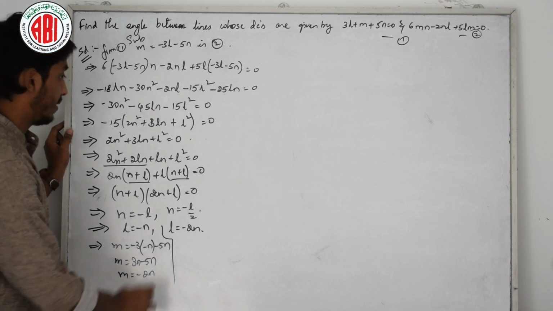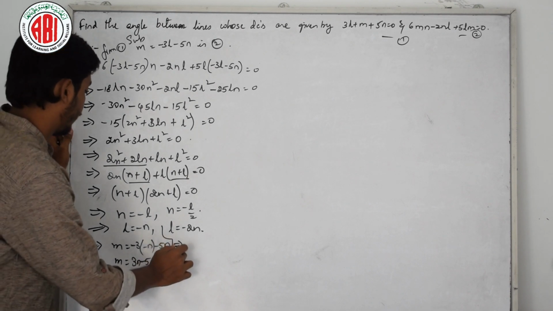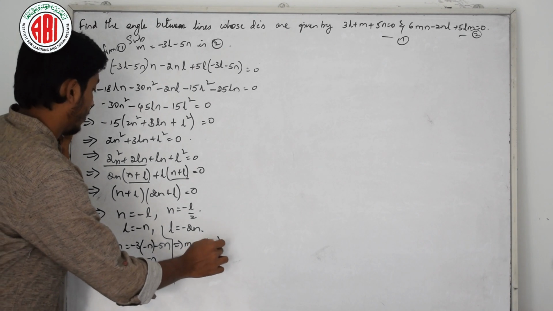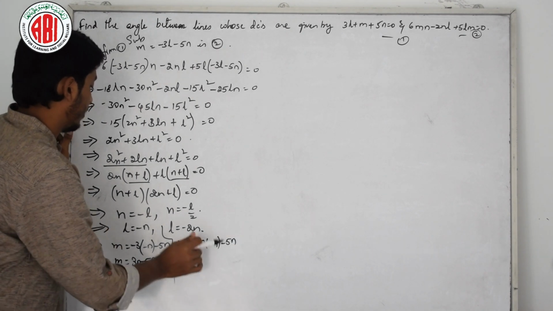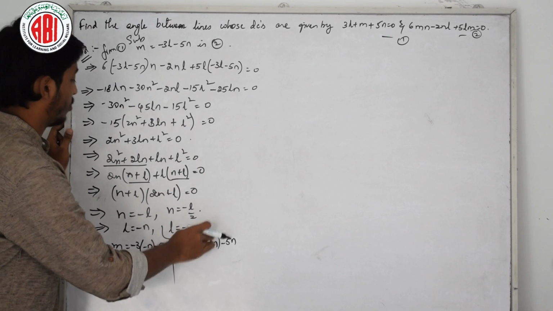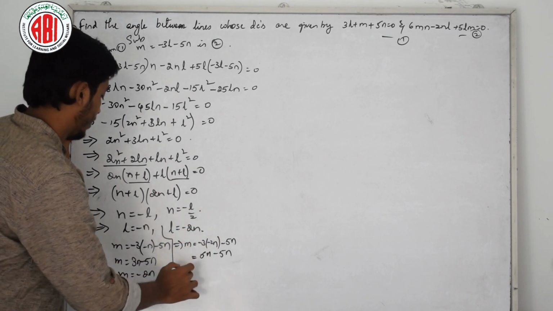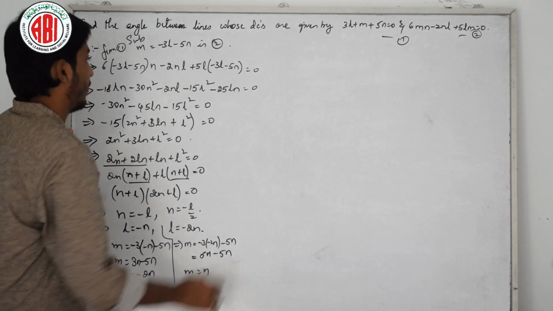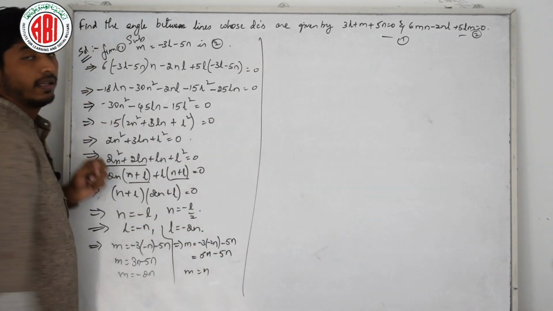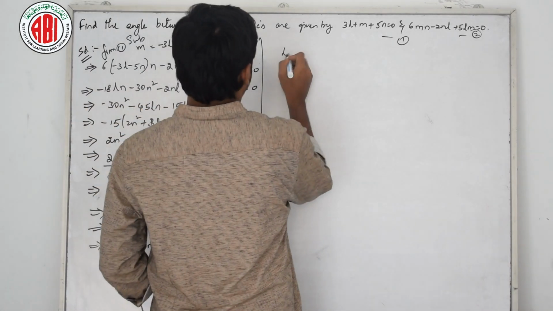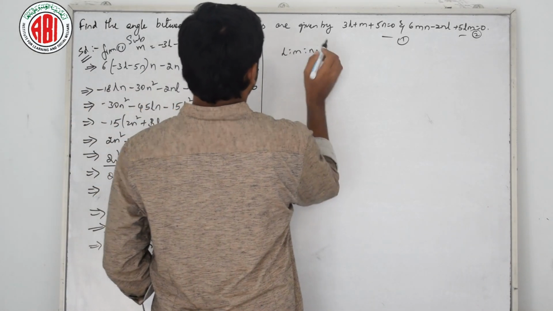Isn't it? The similar thing here also. m is equal to minus 3 into minus 2n minus 5n. This will be 6n minus 5n. That is m is nothing but n. Clear? The next step will be, we have to write the value of l is to m is to n.